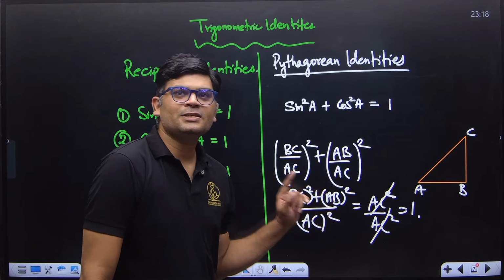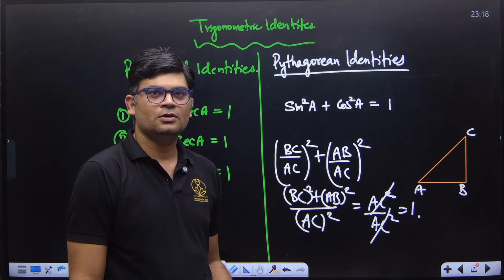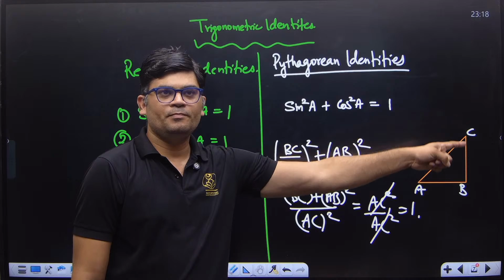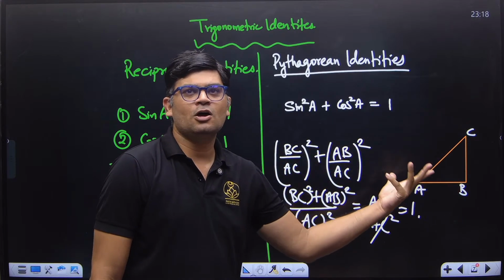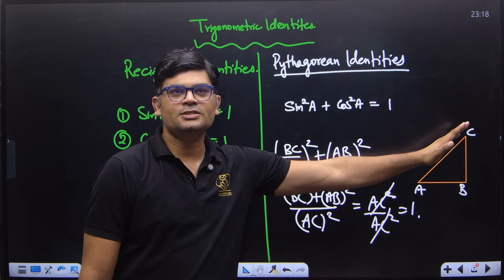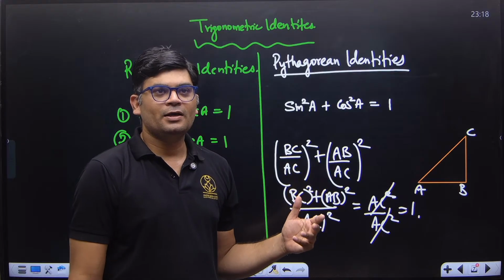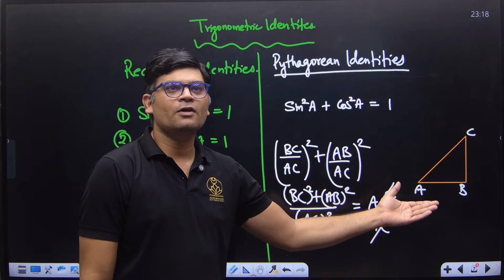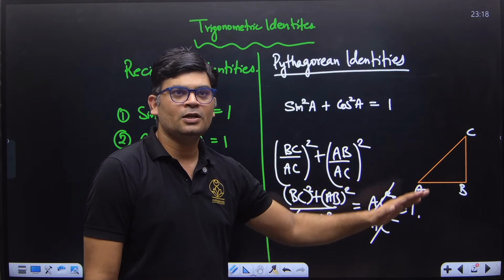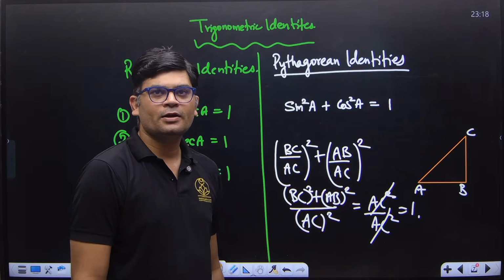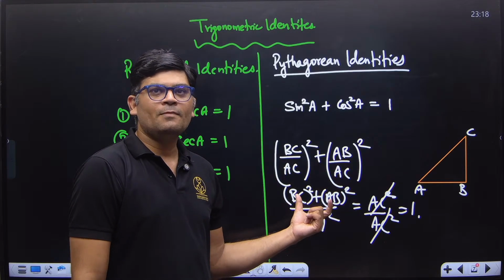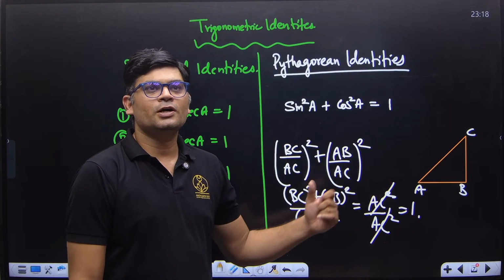BC square plus AB square is how much? Pythagoras triplet. That is AC square only. In a right angle triangle, the sum of the squares of the base and the perpendicular is equal to the hypotenuse square. So BC square plus AB square is equal to AC square.